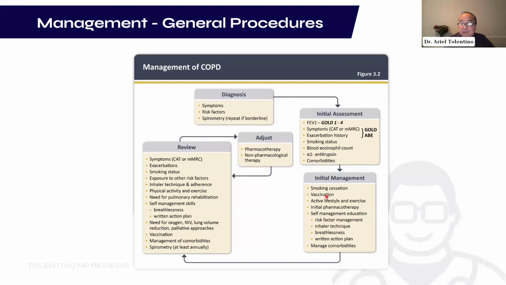Very important, your vaccination recommendations. We have to note here that the vaccines recommended by the GOLD guidelines would include influenza, COVID-19, your pneumococcal vaccines, which include PCV20 or PCV15, followed by PPSV23.